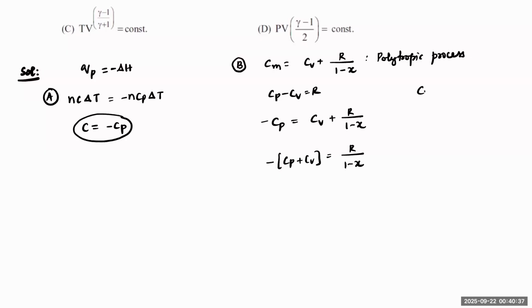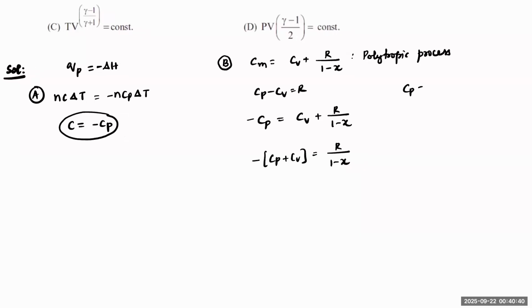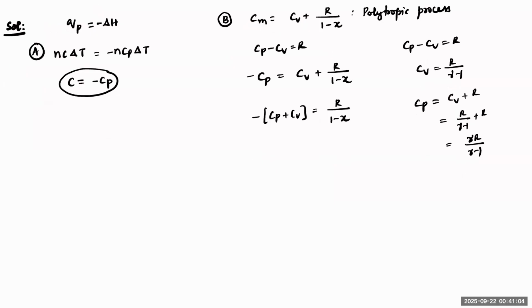And now we know that Cp minus Cv is equal to R, and Cv can be written as R by gamma minus 1. What about Cp? Because Cp is equal to Cv plus R, I can write this as R by gamma minus 1 plus R. So that makes it gamma R by gamma minus 1. So just use these factors here. So minus of, we can write this as R gamma by gamma minus 1 plus R by gamma minus 1. That is equal to R by 1 minus X.